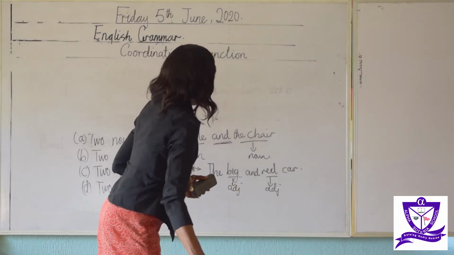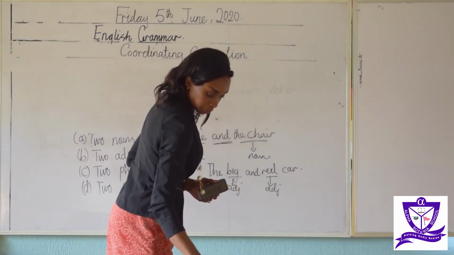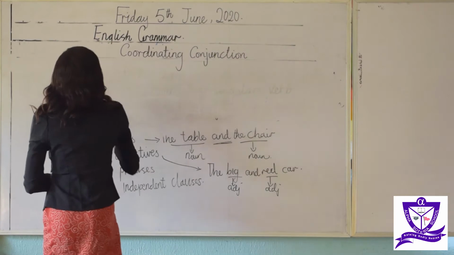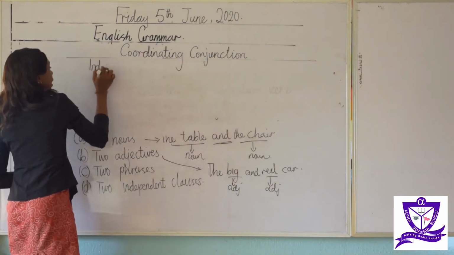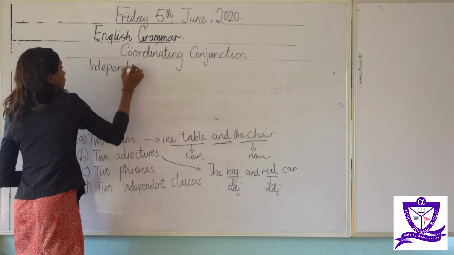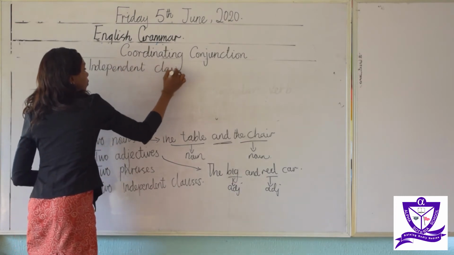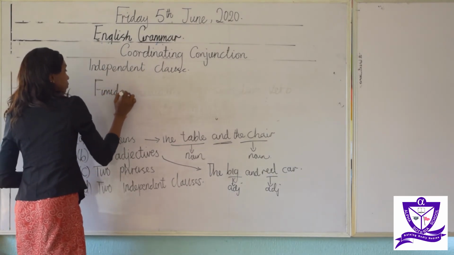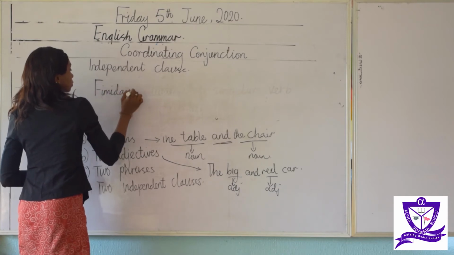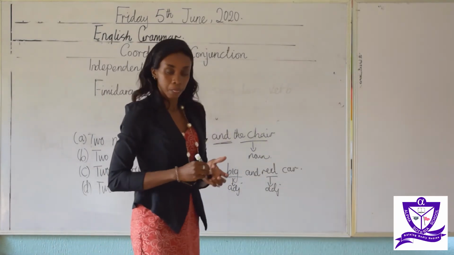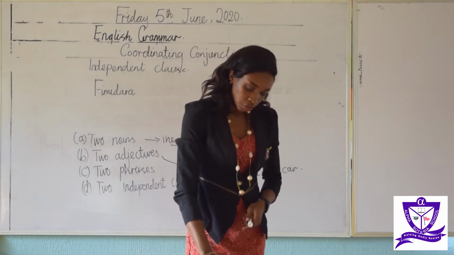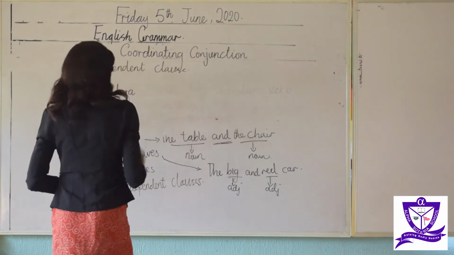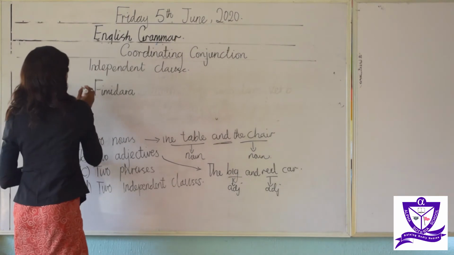Fimidara drank some water, for he was thirsty. Now let's look at how it's going to be and why it's independent. Let's look at the A part.